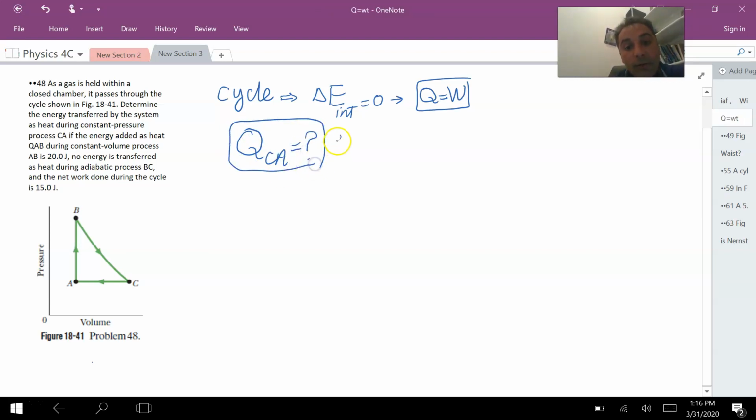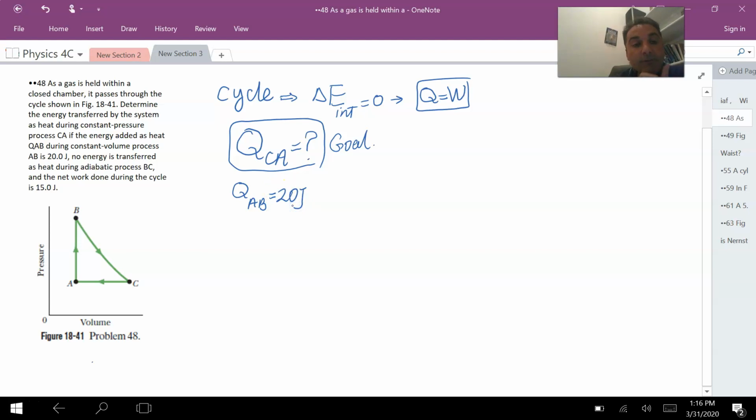This is our goal. If energy is added as heat, Q in the path of AB, it says, is 20 joules.